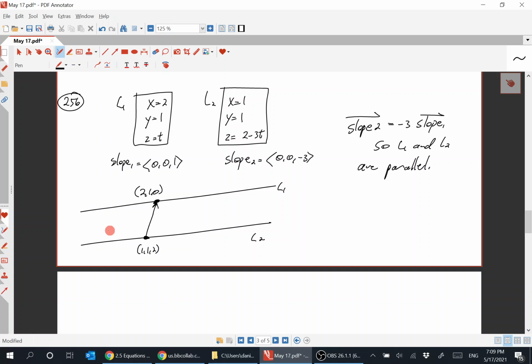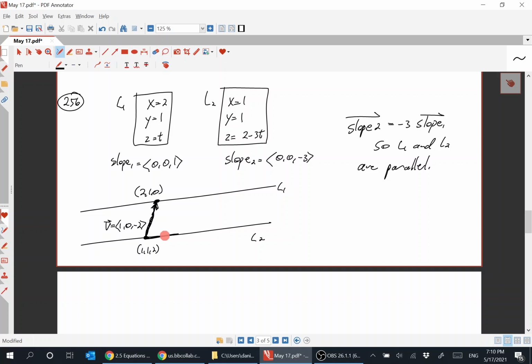So we've got this vector v in between them, which is in general not perpendicular to the two lines. So that's 1, 0, 0, minus 2, minus 2.